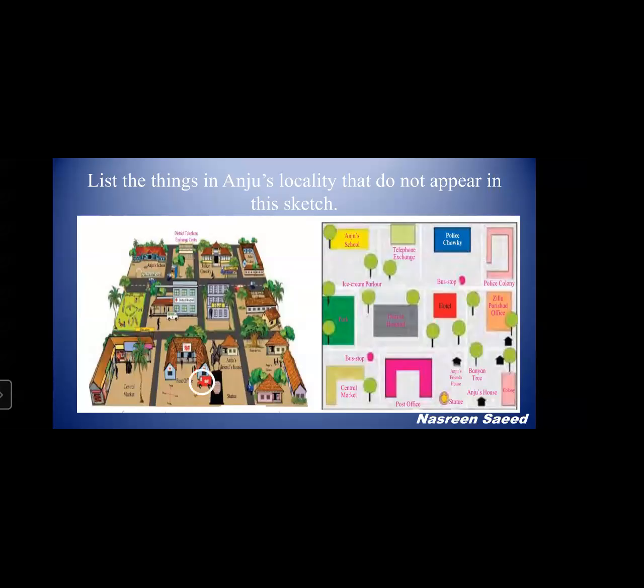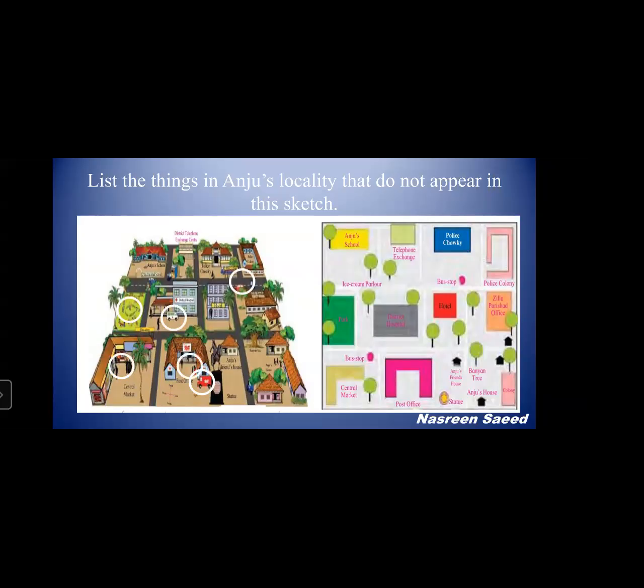Now the postal van, post office van is not appearing. Ambulance is not appearing. Then the cars on the main road are not appearing. The park is having different slides, people, that is not appearing. Then people outside Central Market, they are also not there in the sketch.